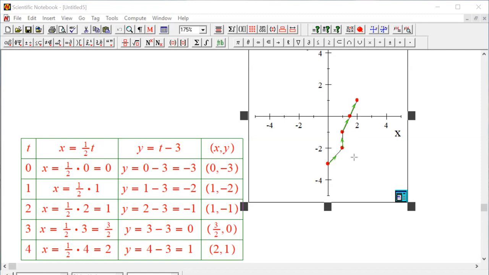Roughly, because we don't know. If you want to have more, you can just graph the points in between. Now, that's how we sketch the curve.